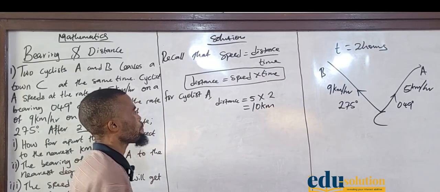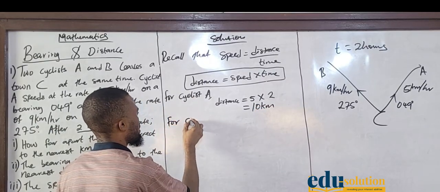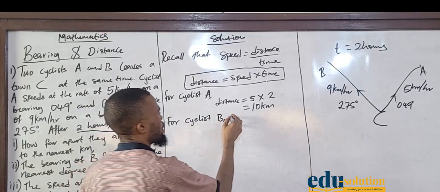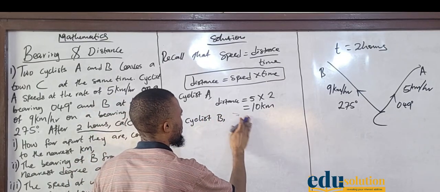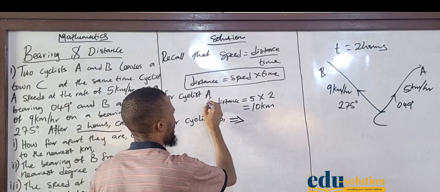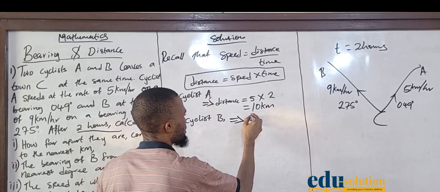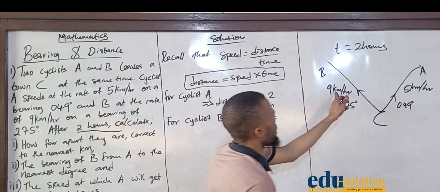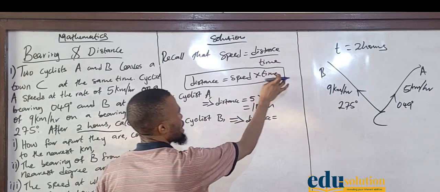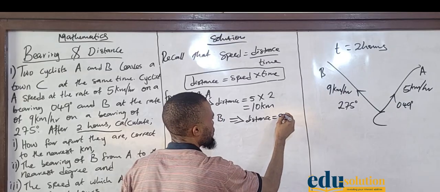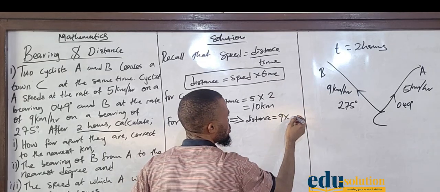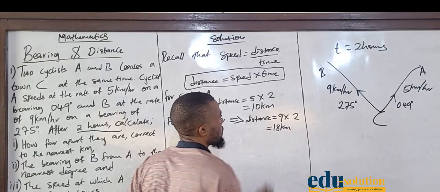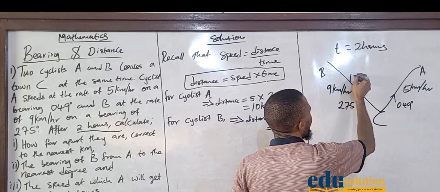We get it? Now for cyclist B, we have that distance is equal to, look at the speed, speed times time. The speed is 9 kilometers per hour. So we have 9 times, the time is still the same, which is 2 hours. So we are having 18 kilometers. So that means this line is actually 18 kilometers.